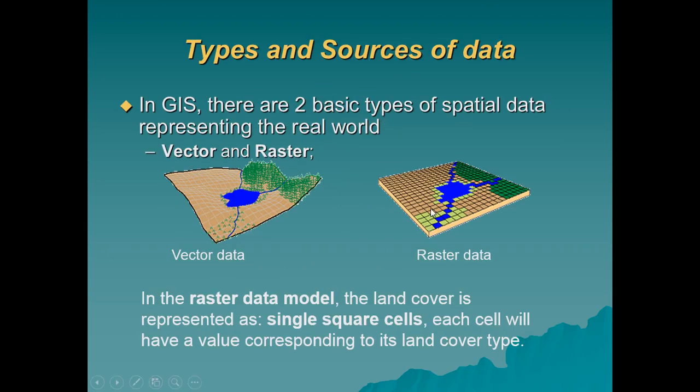If you look at the vector, we see nice clean boundaries here, whereas with the lake in this raster, the boundaries are jagged. Look also at your rivers. If you have a river line flowing through there, it's difficult to represent it nice and clean as in the vector, because you have to assign a value to the entire cell.